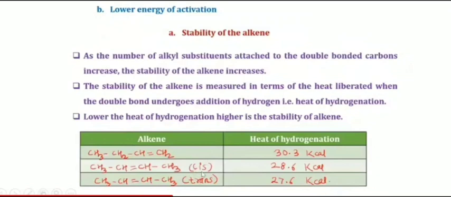So trans-2-butene is more stable than the cis isomer.